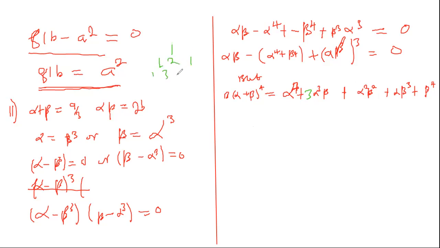This is 1. Okay, let's continue with that. 1, 4, 6, 4, then 1. So this is 4, this is 6, this is 4. Okay, so we are going to now collect the like terms.